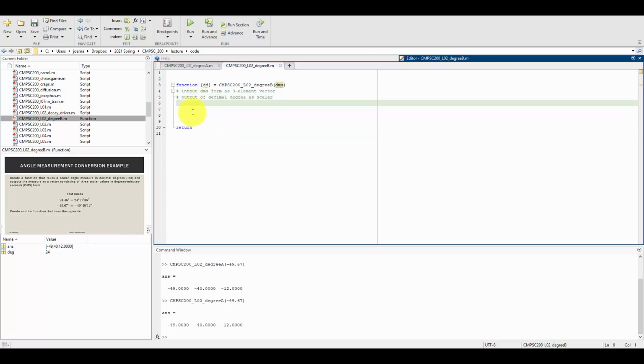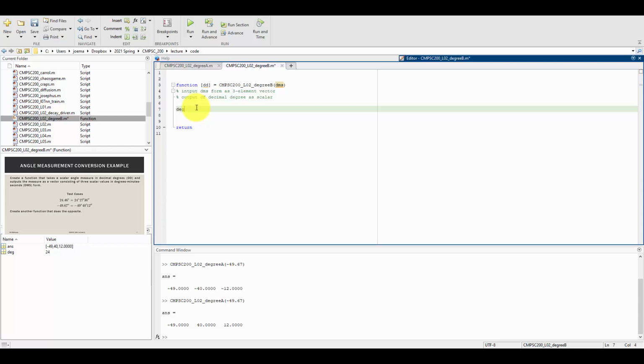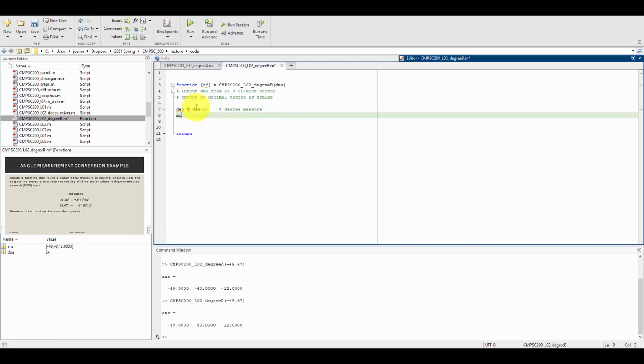Okay, so let's see, DMS is coming in as that vector. What we can do is take each component and we can use it separately. So let's say deg is going to be DMS of 1. So the first element of that DMS vector is the degree measure. And the minute is going to be the second element of DMS.